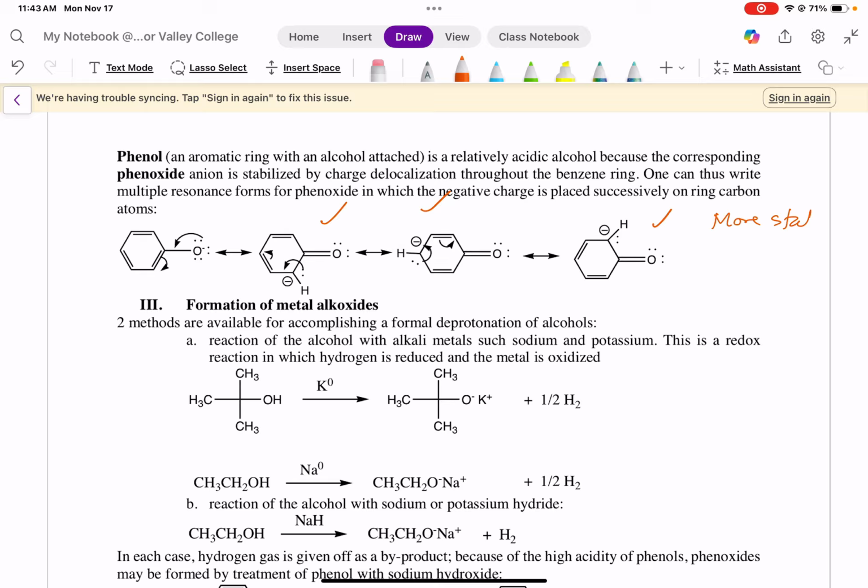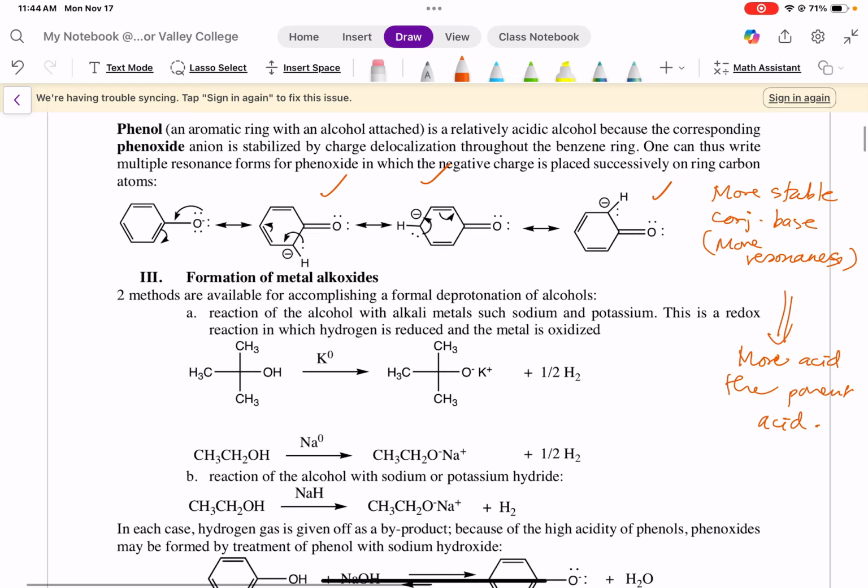A more stable conjugate base means more resonances, and that means the parent acid, the one we start out with, is more acidic.